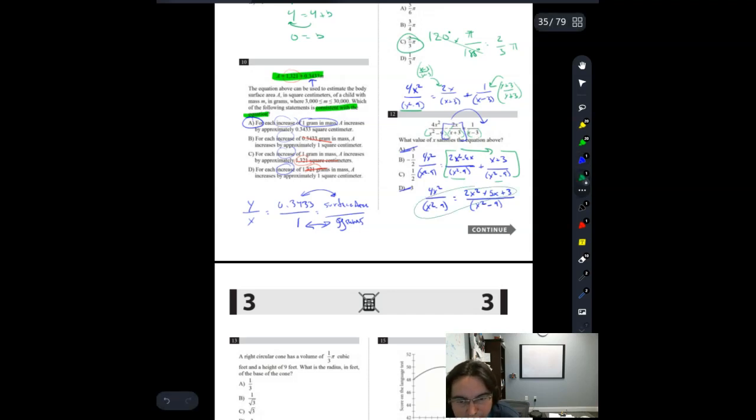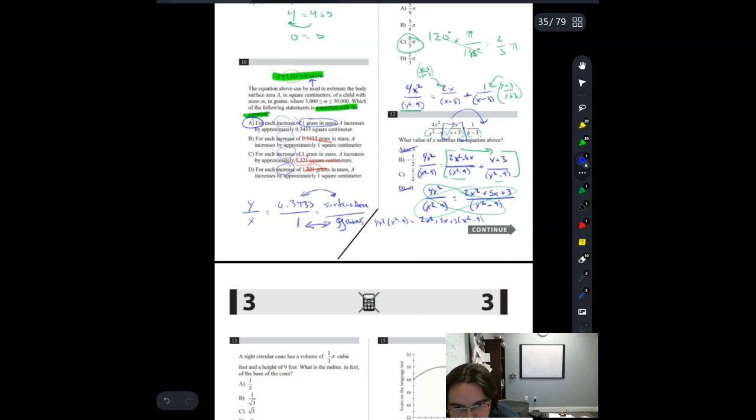But if you think about it, what's going to happen is that I'm going to end up with, and I really wish I had more room here. Let me section this off a little bit more. So what's going to happen here is I'm going to have 4x squared times x squared minus 9 equals 2x squared plus 5x plus 3 times x squared minus 9.